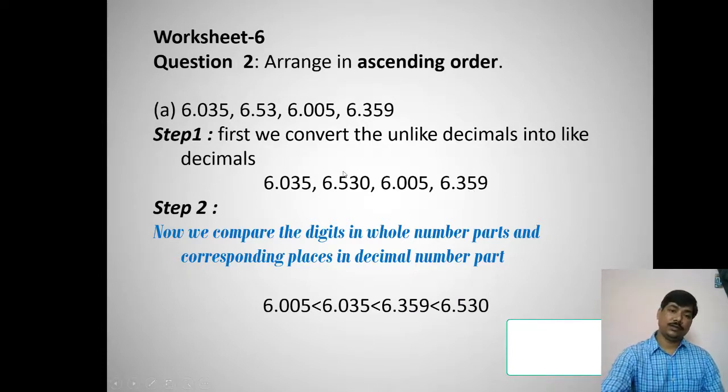So now we have converted these unlike decimal numbers into like decimal numbers. In step 2, what will we do? Now we compare the digits in the whole number parts and the corresponding places in the decimal parts, and we will get the ascending order.